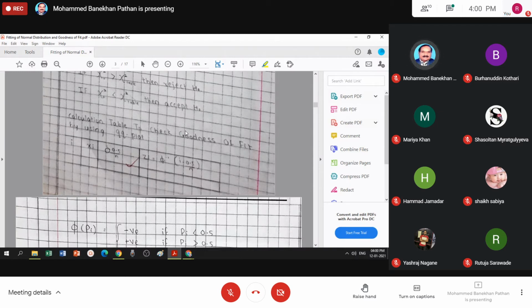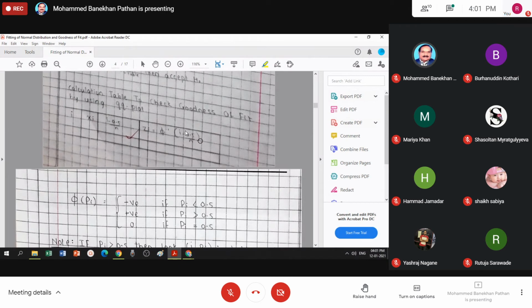Then you get a third column, (i minus 0.5) divided by n. With the help of this, you get zi, that is phi inverse of this point. By using this, we prepare a graph, and if all the points come on a straight line, then we say that data is coming from a normal distribution.